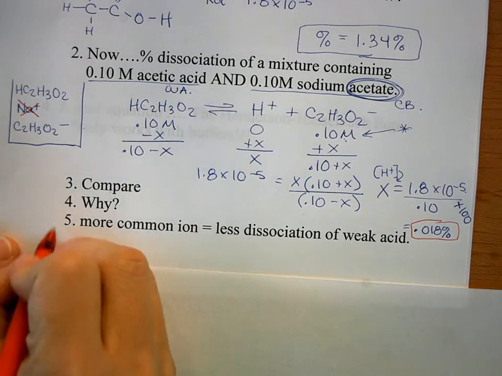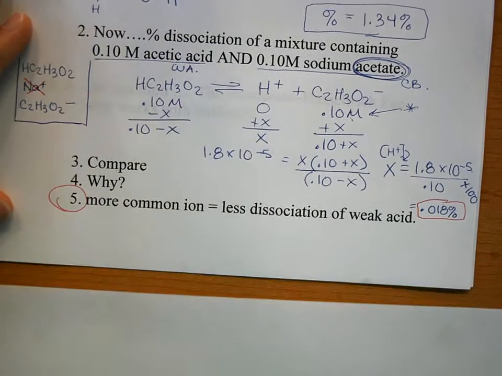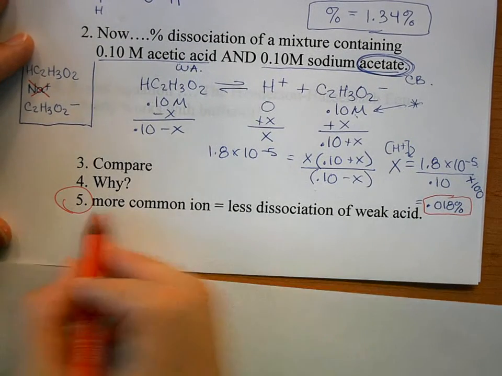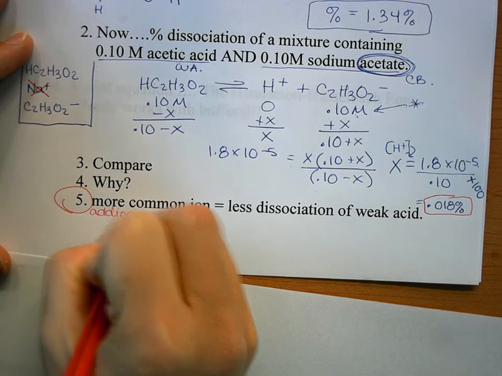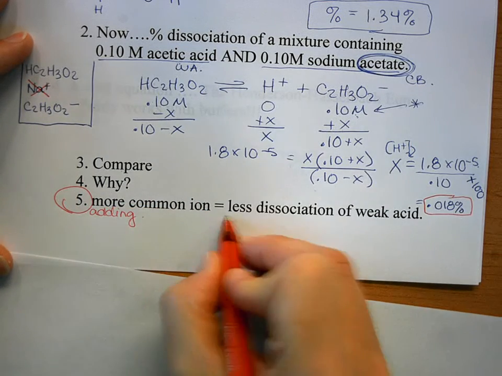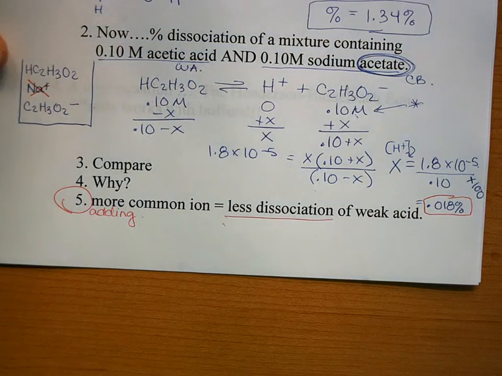So what you should write down, number 5 here: adding more common ion means less dissociation of a weak acid.